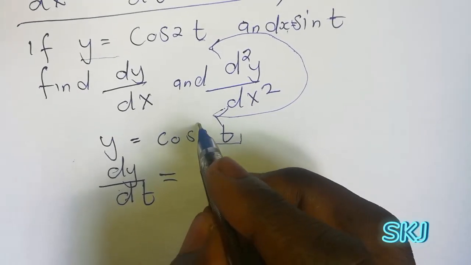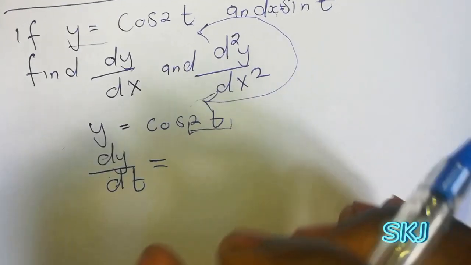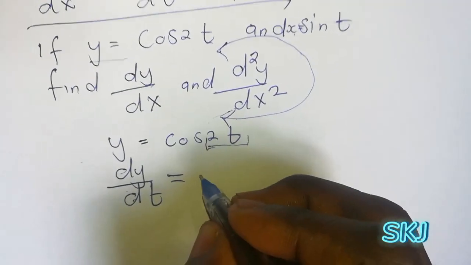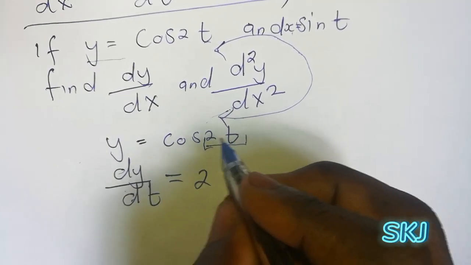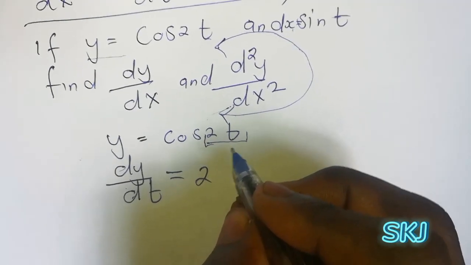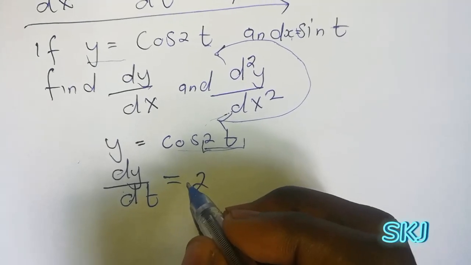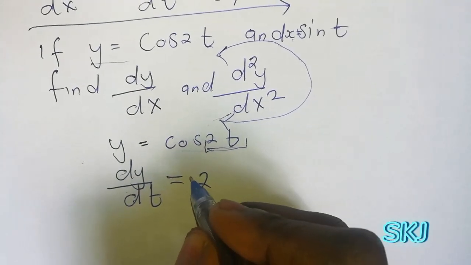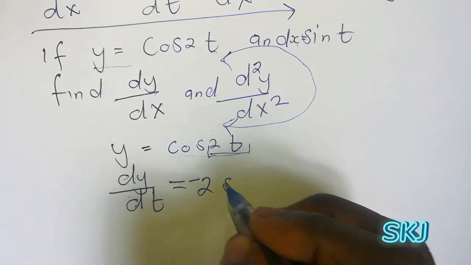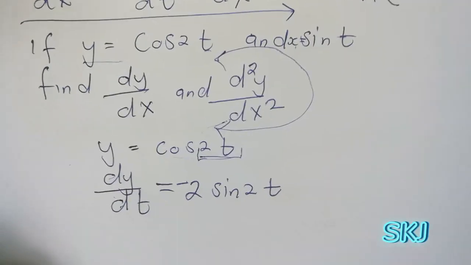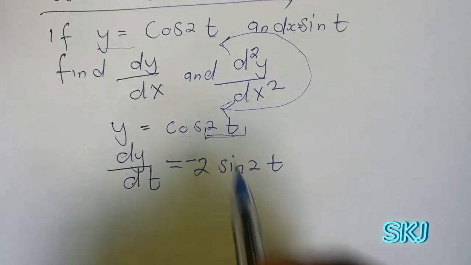As I said, first differentiate the inner part. Though it is pure math, I want to make this simple. Differentiating 2t gives 2. Then differentiating cos gives negative sine 2t. So dy/dt is -2 sine 2t.